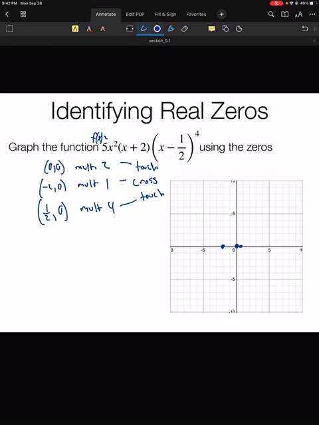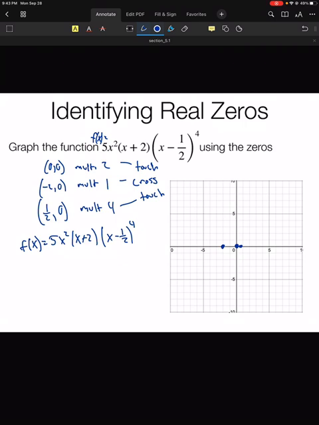Now to get the position on the graph, what we need to do is substitute in some numbers and see what values we get back. For instance, let's substitute negative 3 into the function f of x equals 5x squared times (x plus 2) times (x minus 1/2) raised to the 4th power.